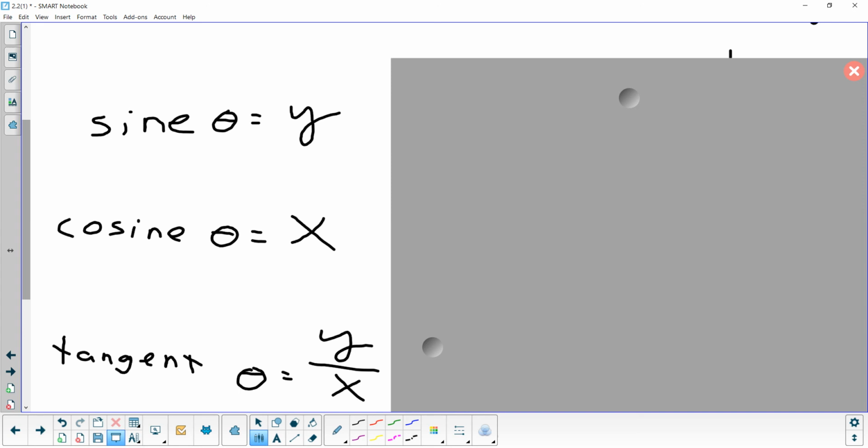You don't need the x, not for sine. Okay, if they want to know the cosine, once you find the coordinate, you would write down the x value. And for the tangent, you need both. You need y over x. So you take your coordinate, take the y value, divide by the x value, that's tangent.